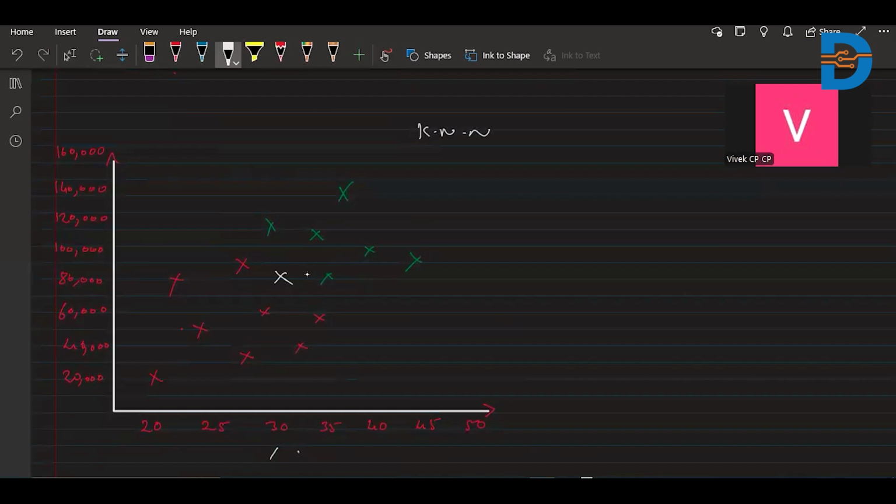If I want to predict if this person is going to purchase my product or not, I can do that by analyzing the neighbors of this particular point. Let's say I take the 5 nearest neighbors of this point.